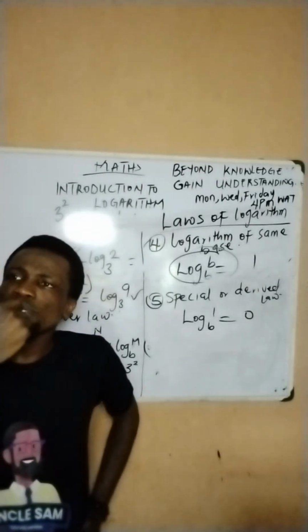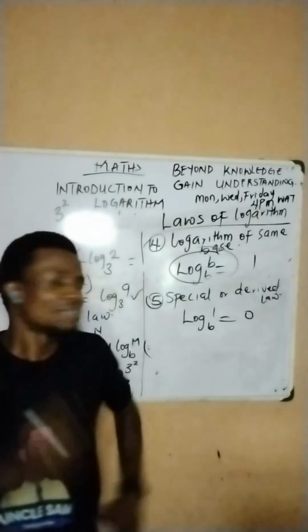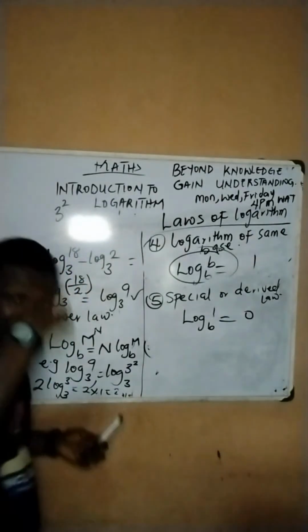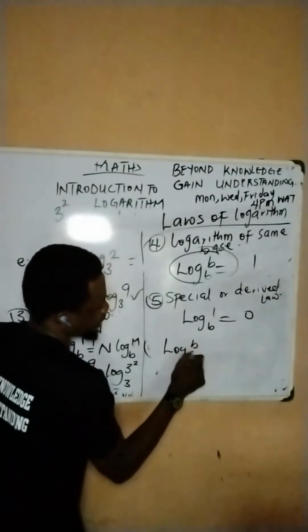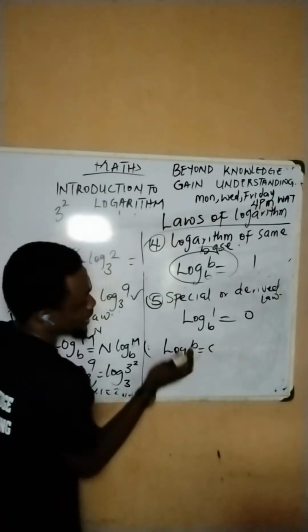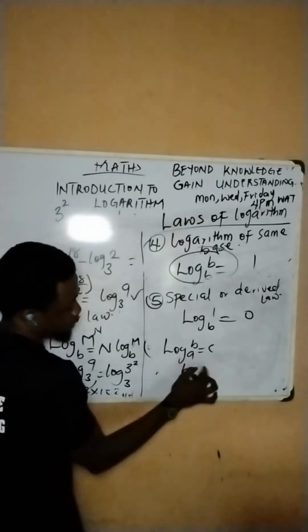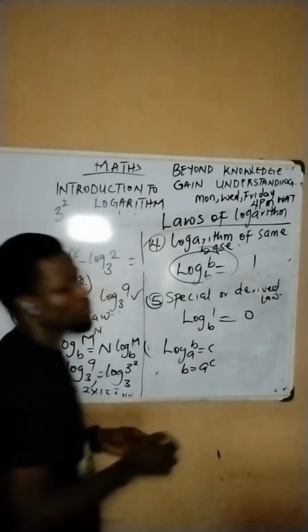But how is that true? Well, we employ the basic rule of logarithm, which is if log a base b equals c, then a is the same thing as the base b raised to the power of c.